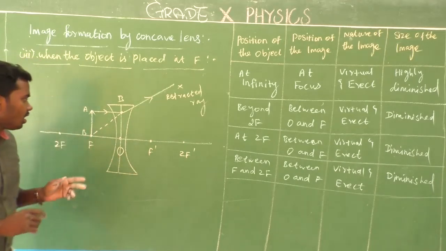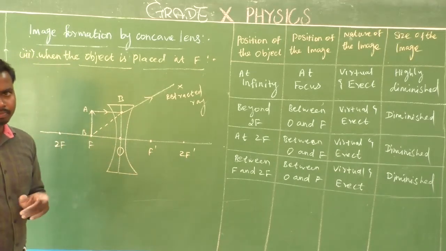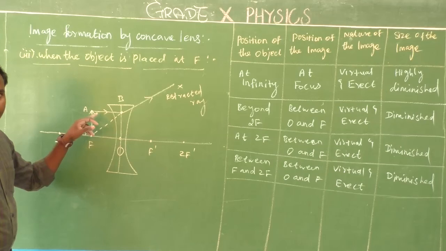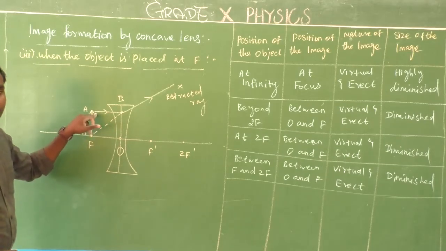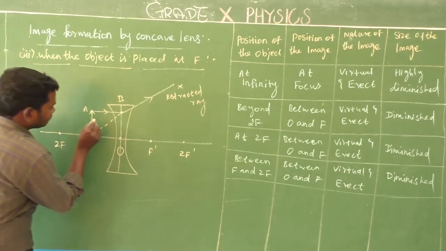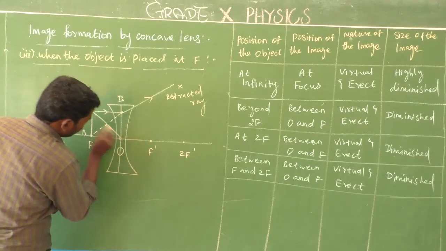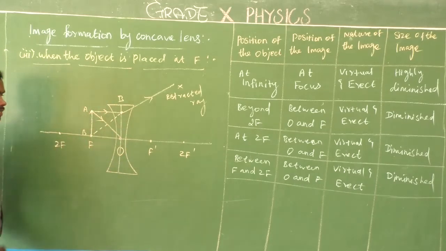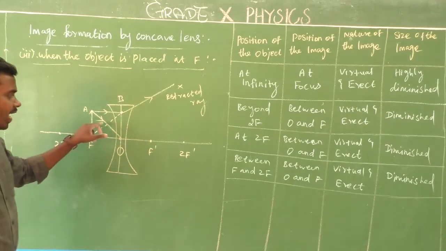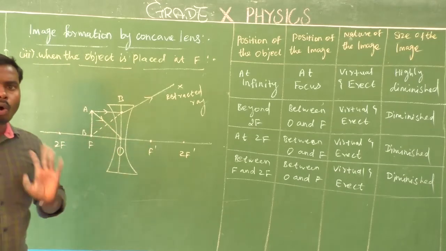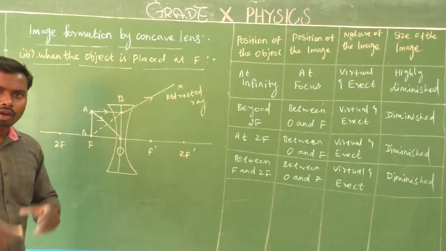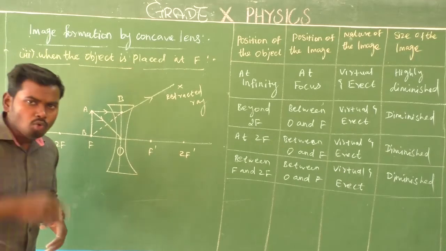Is it clear? Yes. Next, consider another ray of light, coming from the same top of the object, like this. Now the second ray of light passes through the optical center O. Now we can use the third rule.